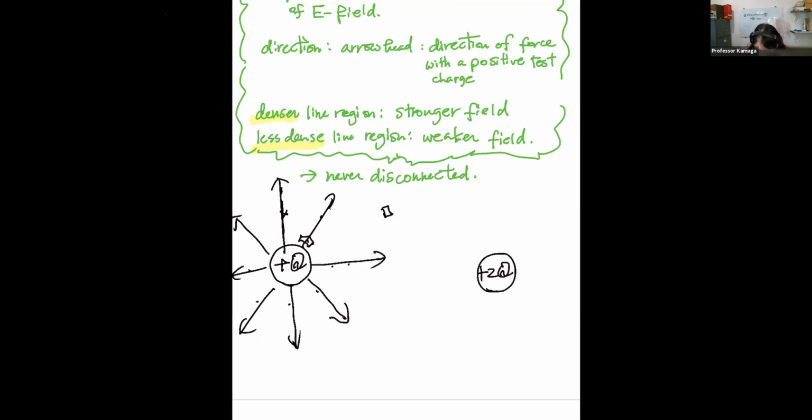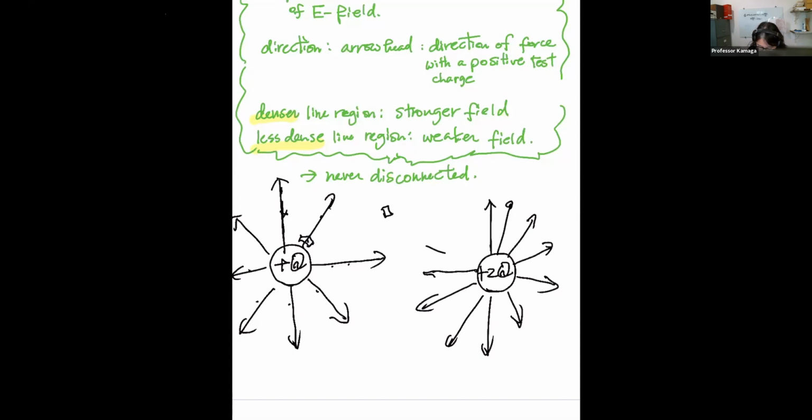So it's going to be 1, 2, 3, 4, 5, 6, 7, 8, 9, 10, 11, 12, 13, 14, 15, maybe 16. So 16 lines versus 8 lines.